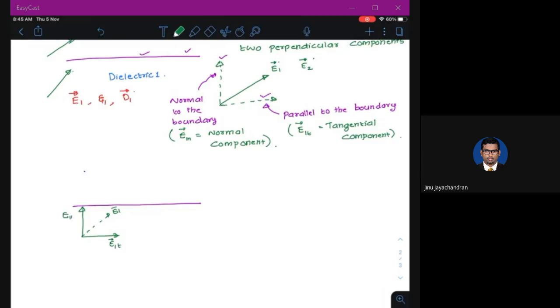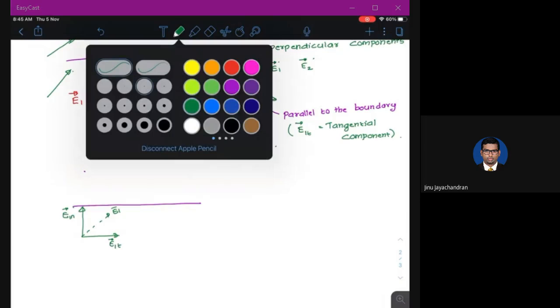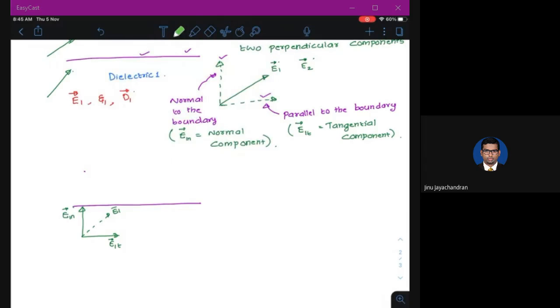This is E1N. Similarly, at the other medium, I can have this is E2N, because this is in the second medium. This is E2T, and this is the net electric field E2.